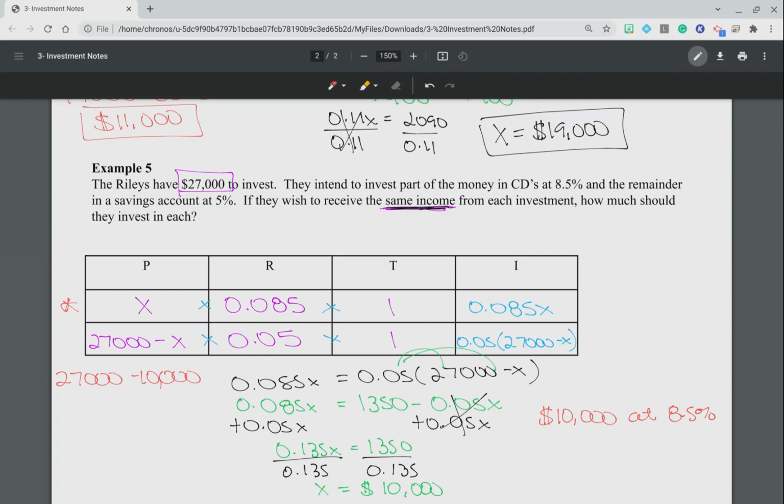So I'm going to invest $17,000 at 5%. Okay, so this is kind of a confusing section. We have to be able to use these tables and understand our I equals PRT. But as always, call us over if you need any help with the homework assignment.